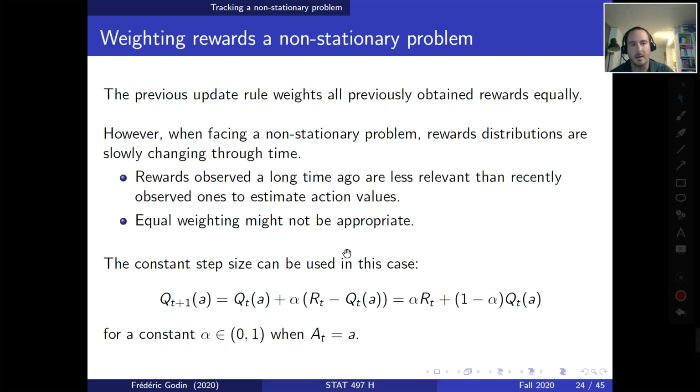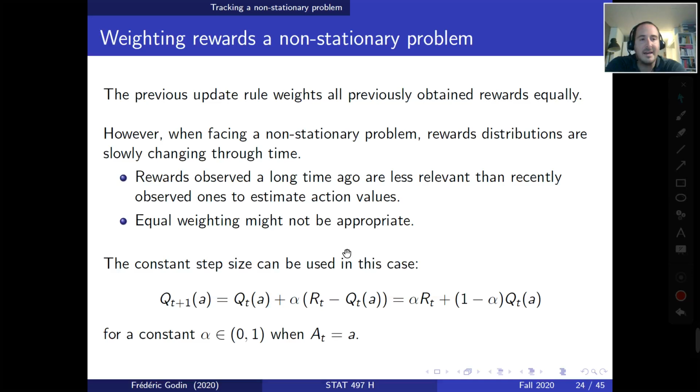As we mentioned, the previous rule we discussed entails that all rewards are weighted equally. To form the expected reward of an action A, you just have an equally weighted average of all previous rewards. This is good in a stationary context, but if you have a non-stationary problem where the reward distribution varies slowly over time, then rewards you've obtained a long time ago become less relevant than the rewards you've received very recently.